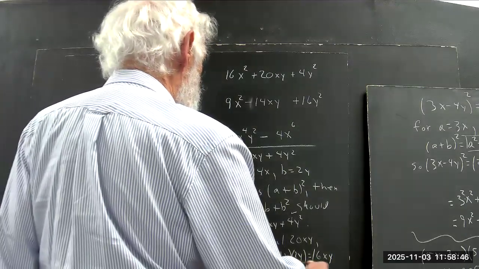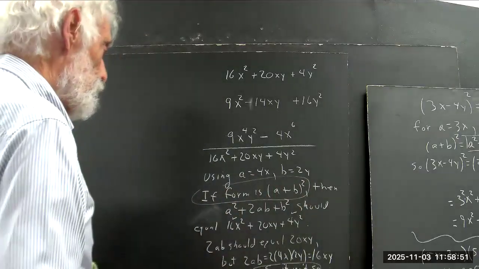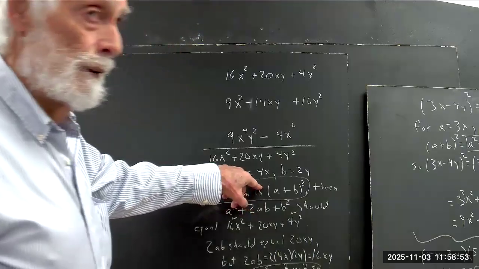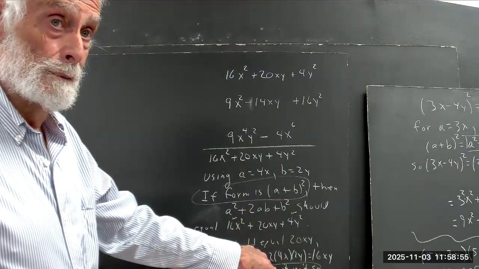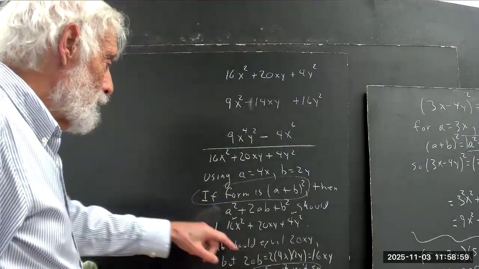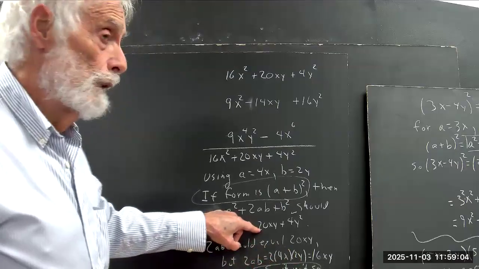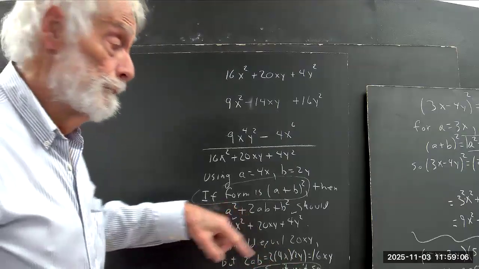What isn't so? The form is this. This condition is not so. Everything matches, but there's no way that your 2AB is going to give you a coefficient of 20.